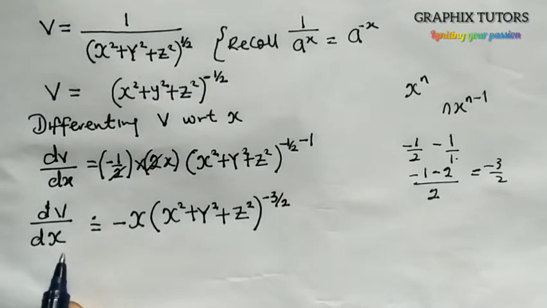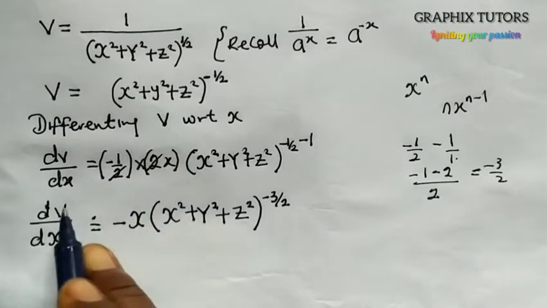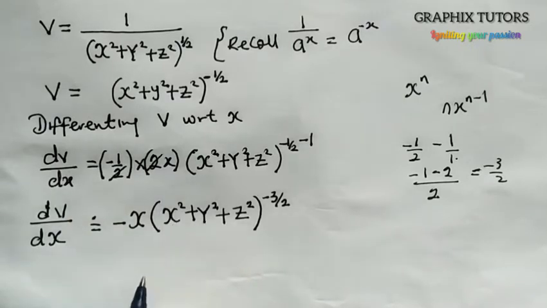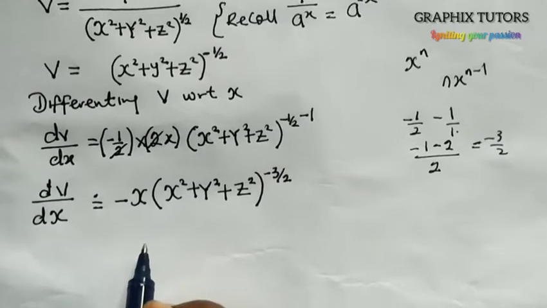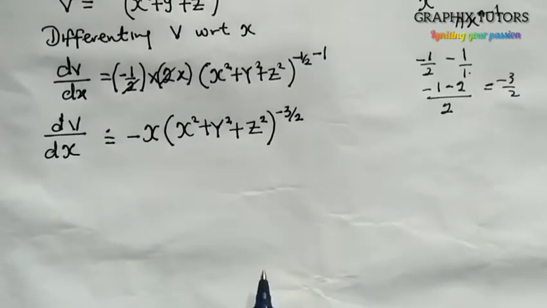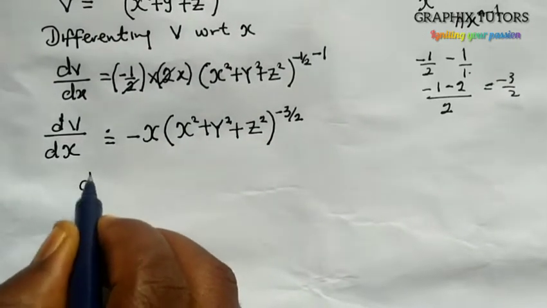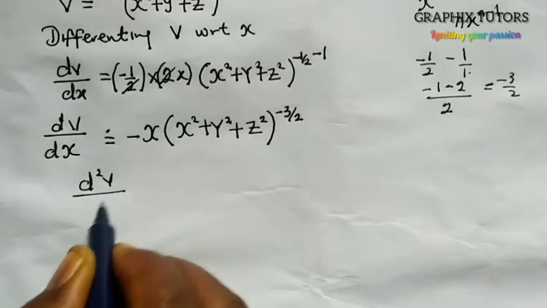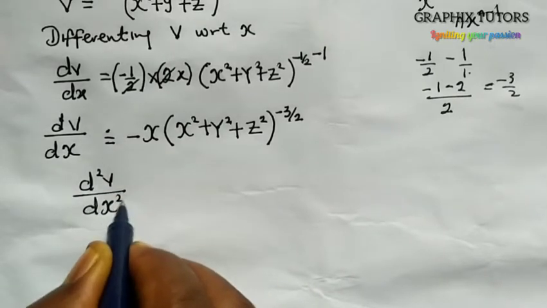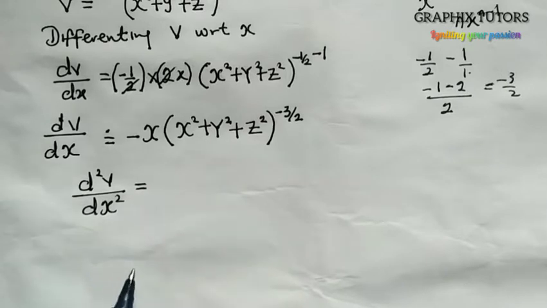Now, what are we looking for? We're looking for the second partial derivative of v over x squared. So that means we're going to differentiate dv over dx again with respect to x, so that we get d squared v over dx squared. Now what do you notice?